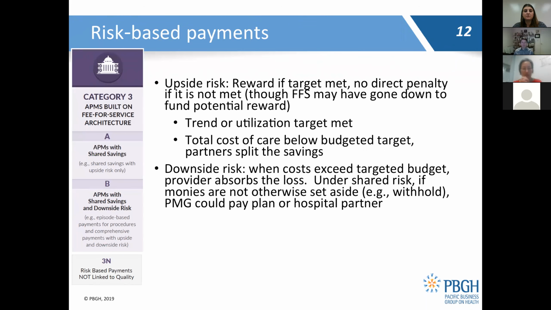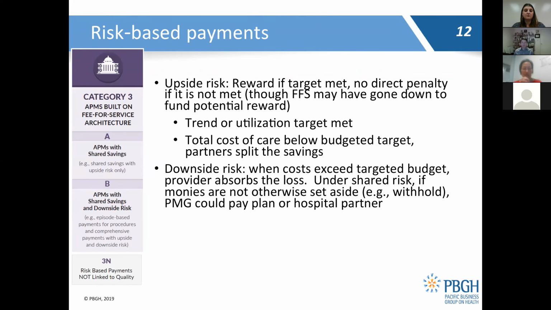With respect to downside risk, often, this is driven by costs exceeding the targeted budget, and the provider absorbs that differential. In some cases, there might be a tiered structure where, depending on how far the target was missed, there may be higher or lower degrees of penalty.